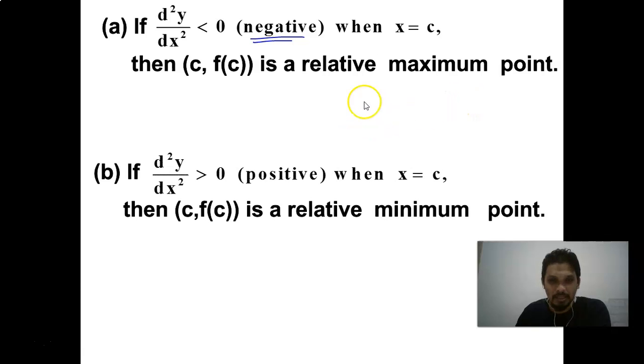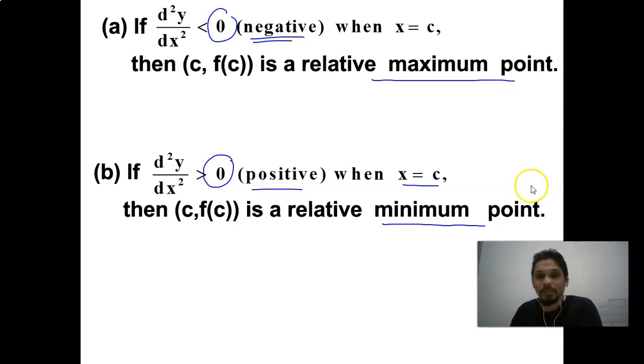The opposite: if the second derivative is greater than 0, positive, at x equals c, there is a relative minimum point.